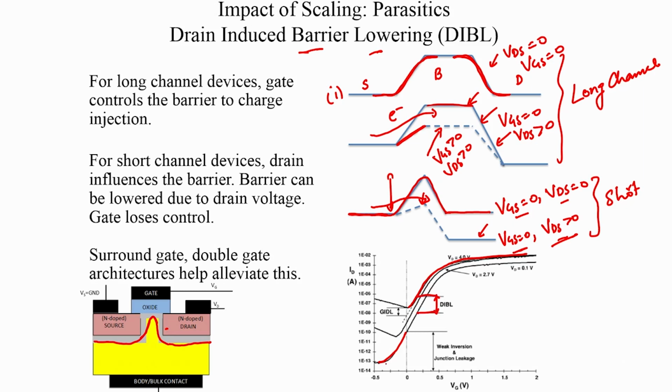The device turns on at a different point and it also produces a larger amount of current. So this is something called drain induced barrier lowering.